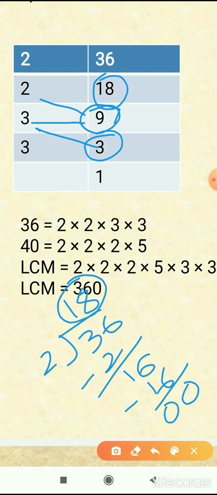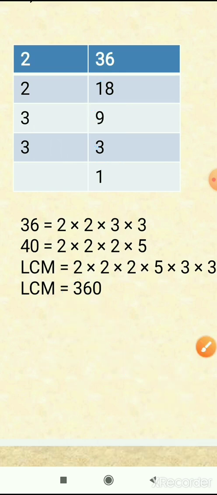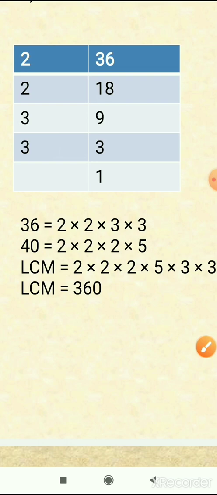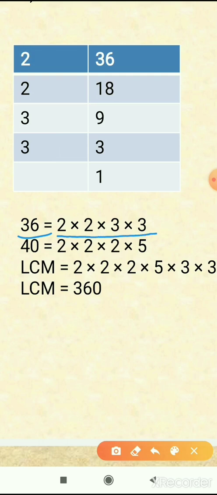It is divisible by itself. So 3 ones are 3. Okay, so here all divisors are prime numbers. So we get the prime factorization of 36. Look here, 2 into 2 into 3 into 3. This is the prime factorization of 36.